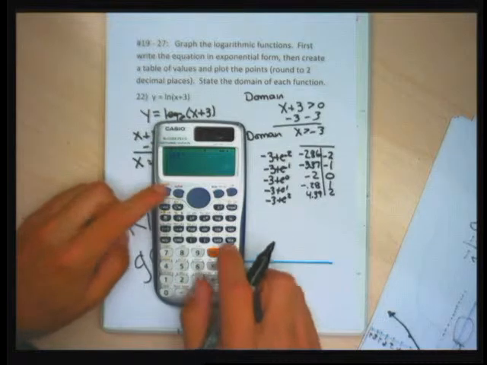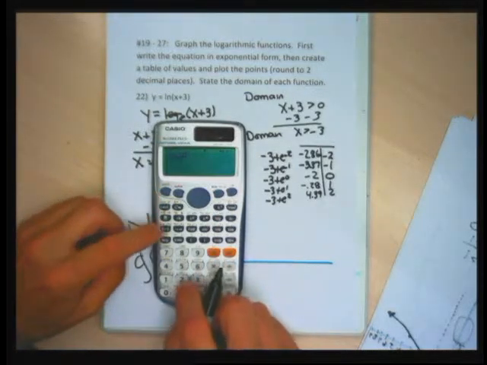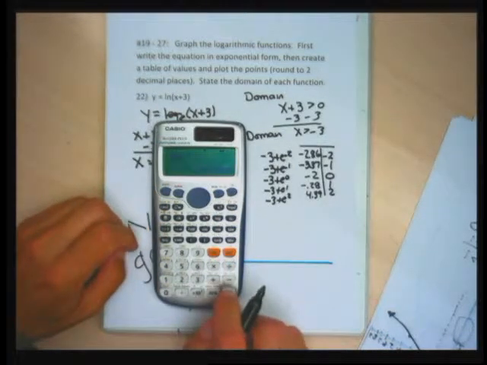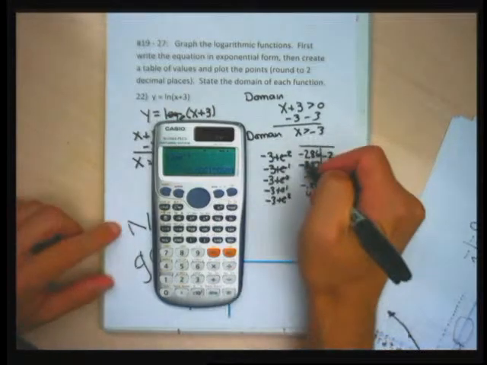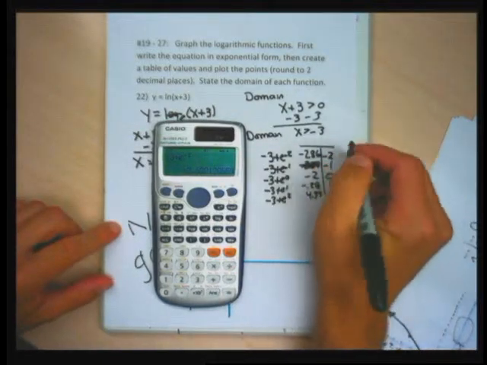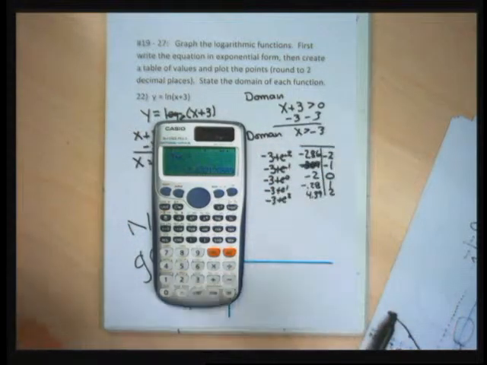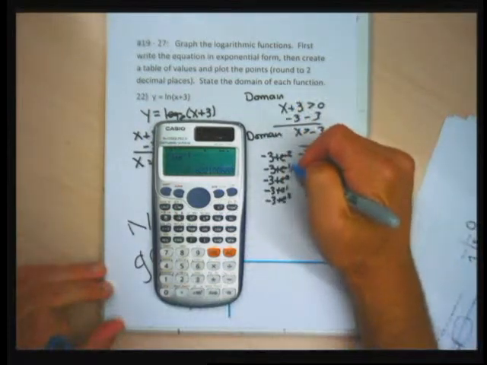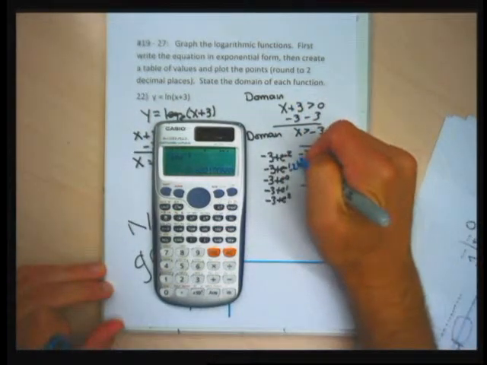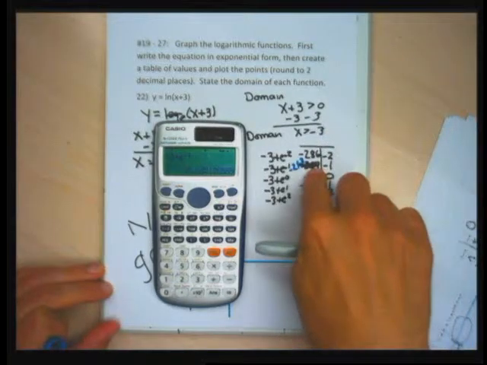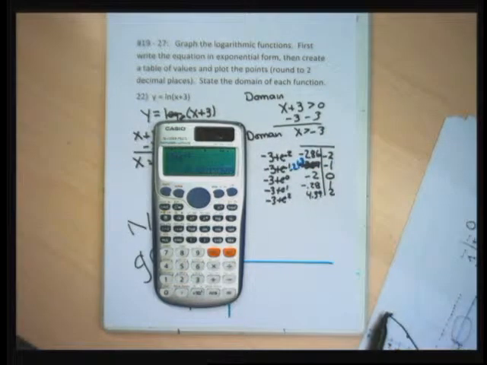-3 plus shift ln e to the -1. It's -2.63. I don't know what I was doing here. So I did something wrong on my calculator, and I could tell because that point was going to be beyond the dotted line. That's not good.